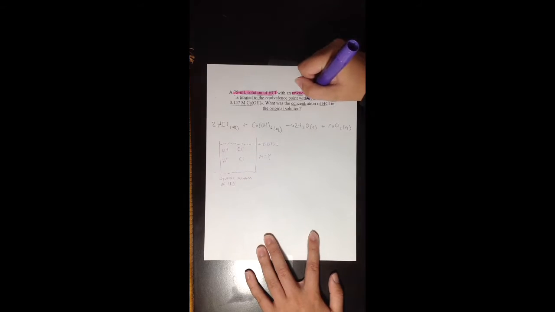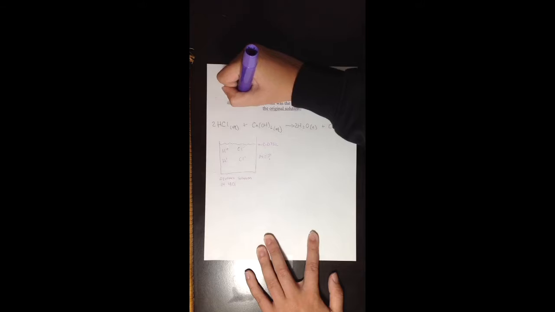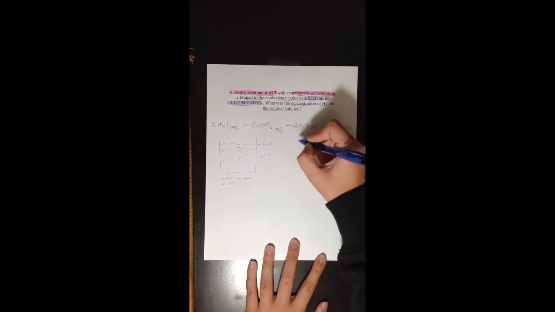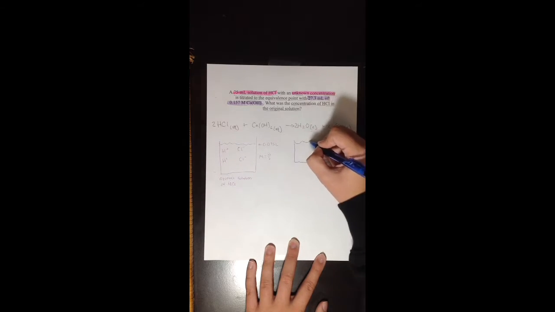The second solution that we have is the 27.3 milliliters of a 0.157 concentration of CaOH2, which is also known as calcium hydroxide. And we're going to draw that here. Here's our beaker. The 27.3 milliliters also has to be converted to liters, so we're going to have 0.0273 liters of calcium hydroxide.